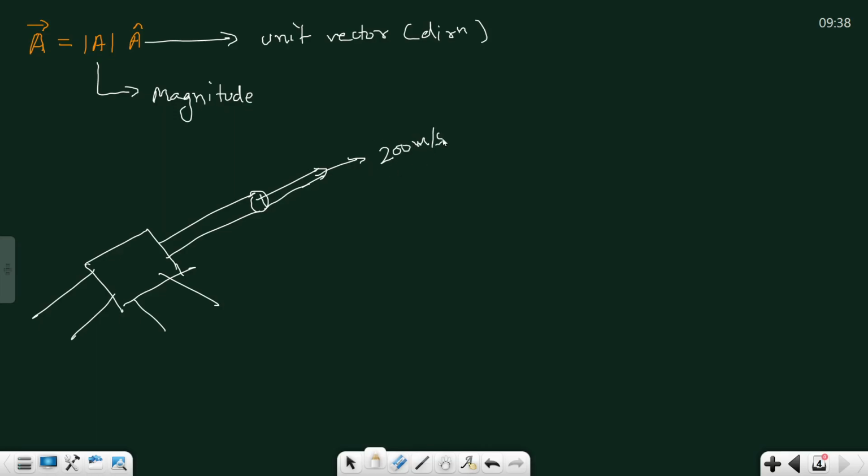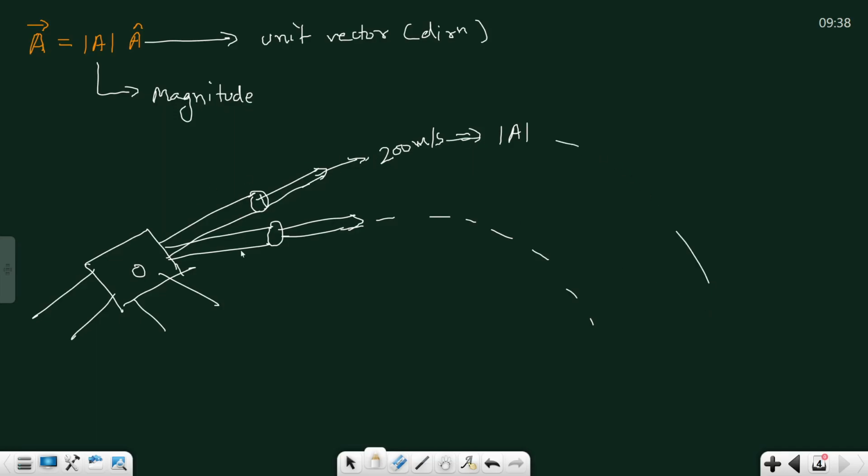So 200 meter per second is the magnitude of the shell. And if you rotate this cannon, that means you are changing the direction. If you rotate like this, the shell will go in another direction.